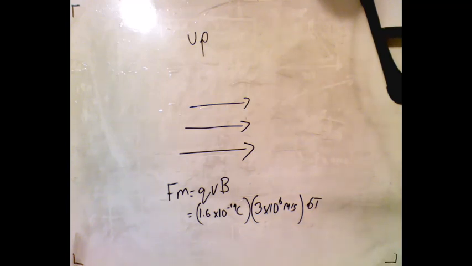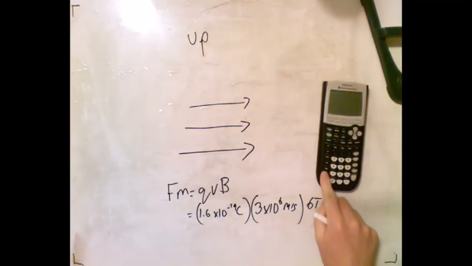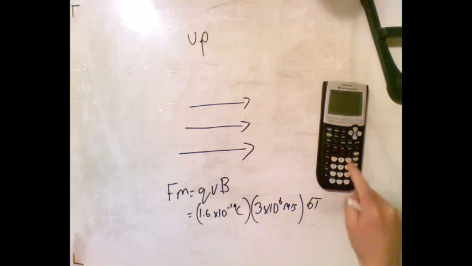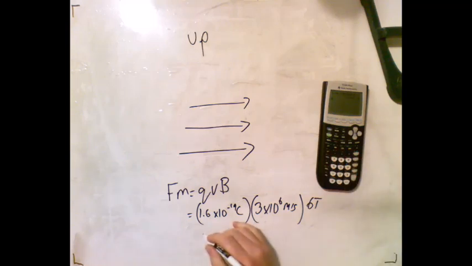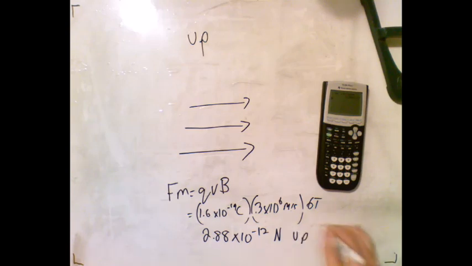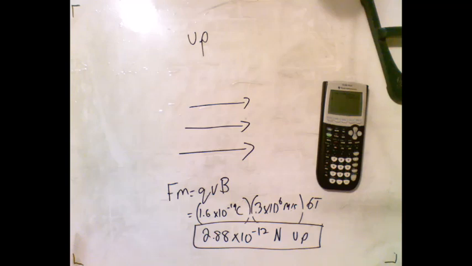So if we plug that into our calculator, 1.6 times 10 to the negative 19 times 3 times 10 to the 6 times 6, we end up getting 2.88 times 10 to the negative 12 newtons, and that is up. So we have a magnitude and we have a direction. Okay.